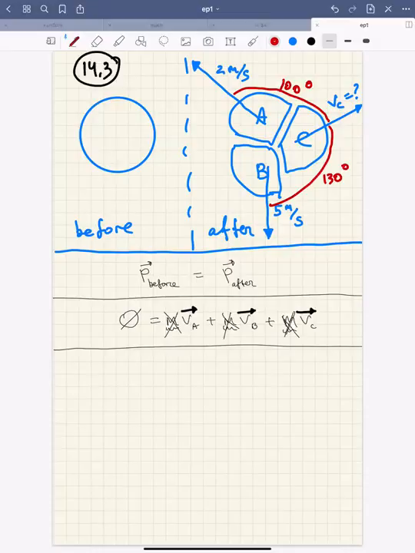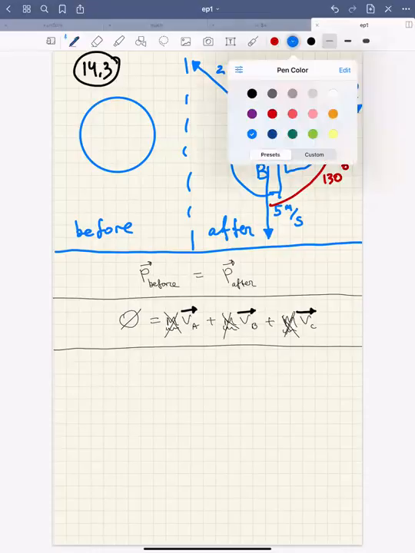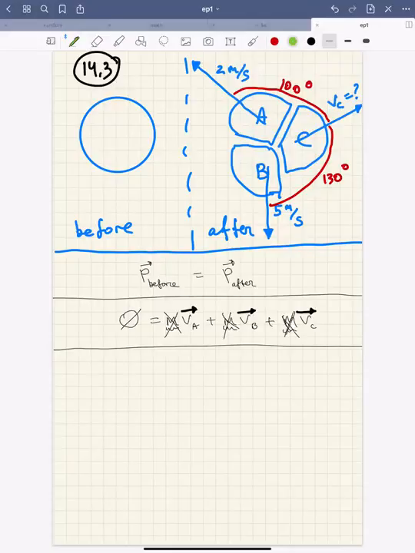Okay, so I need some axis, and what I will do is, since velocity of c is what I'm interested in, I will put one axis, let's say x-axis, in the direction of c. So I will put my x-axis like this, so that I don't have to project c.